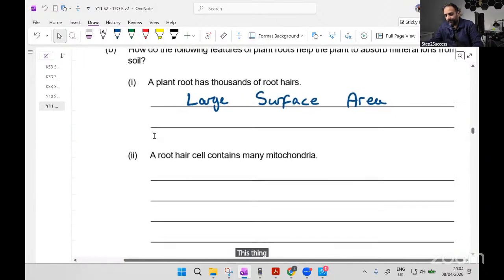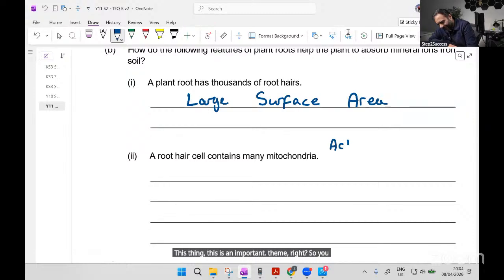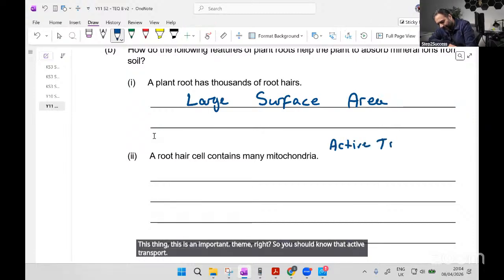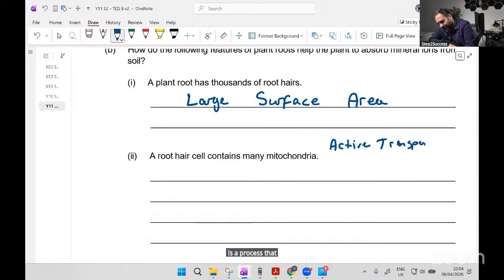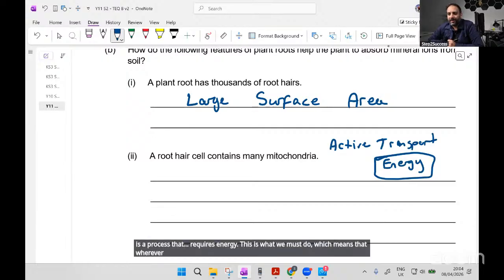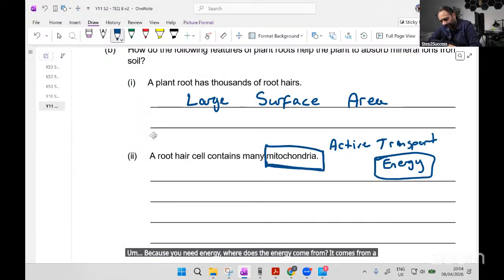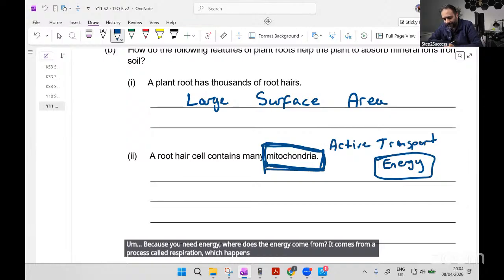This is an important theme, right? So you should know that active transport is a process that requires energy. This is what we must do, which means that wherever active transport takes place, because you need energy, where does the energy come from? It comes from a process called respiration, which happens inside these mitochondria.